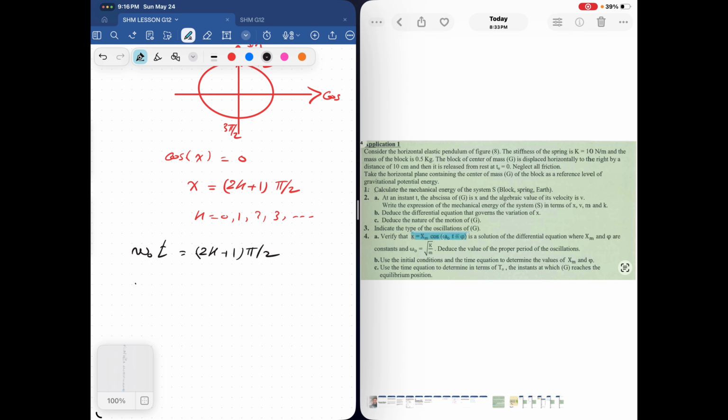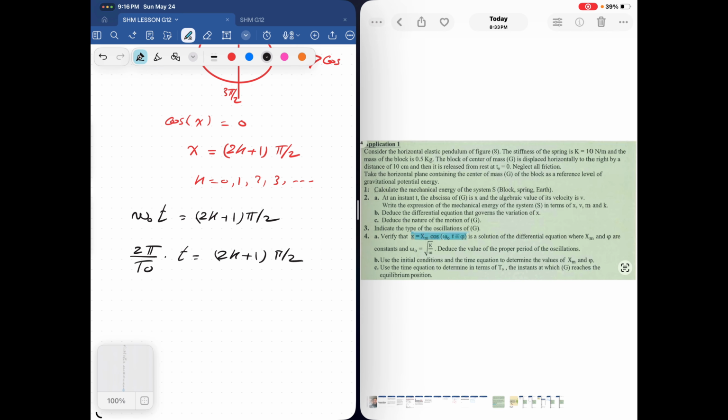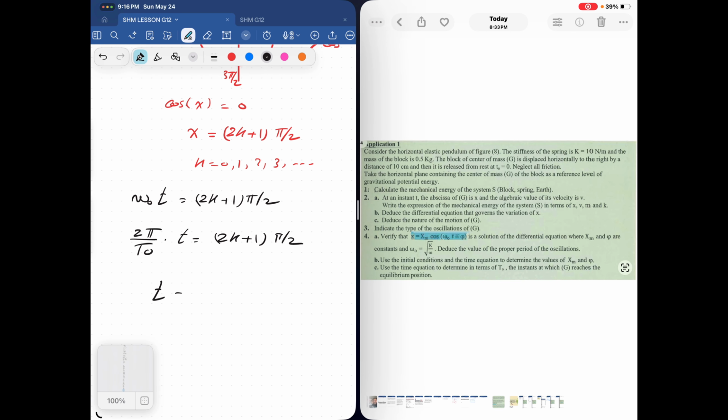Then 2 pi over t0 multiplied by t is equal to (2k plus 1) pi over 2, or t is equal to (2k plus 1) pi t0 over 2 pi.